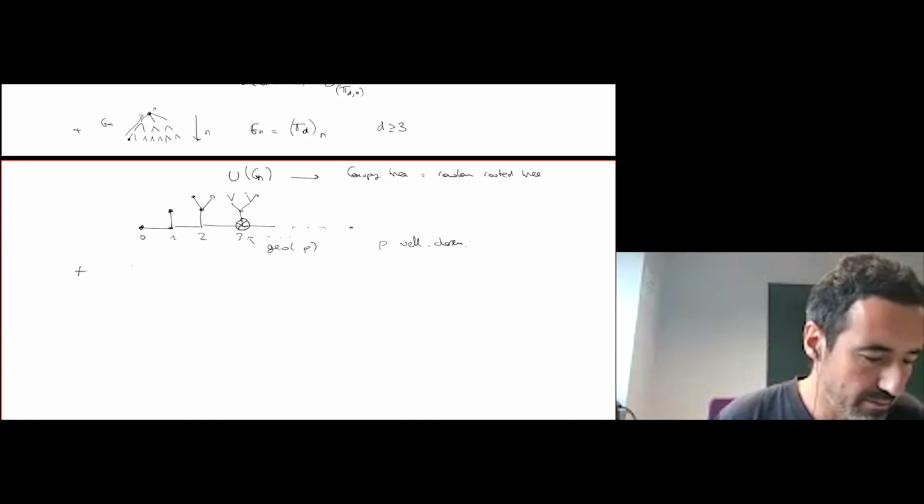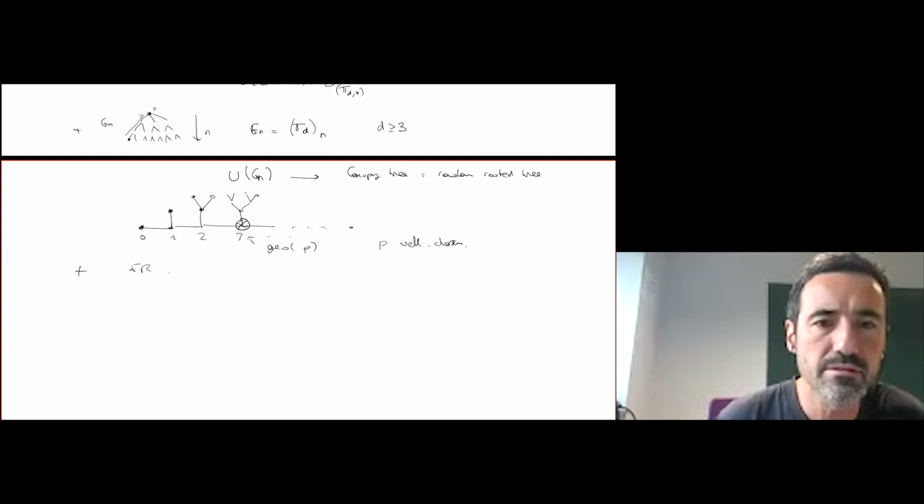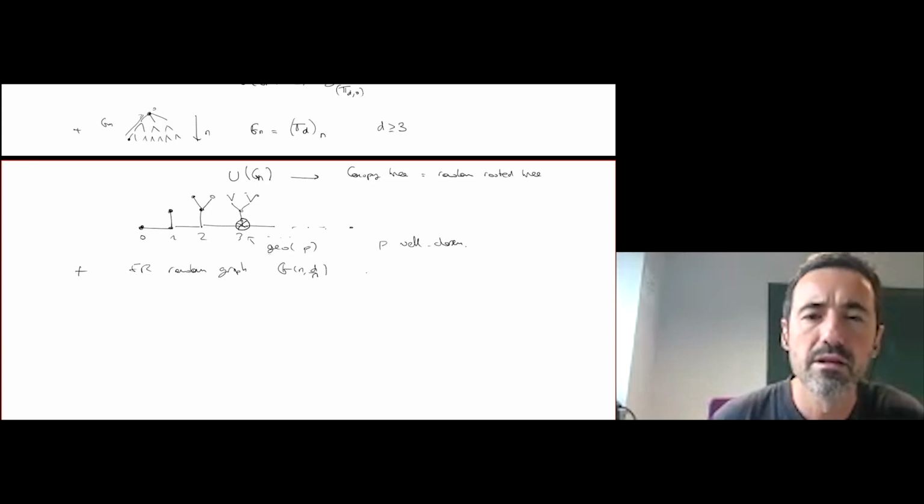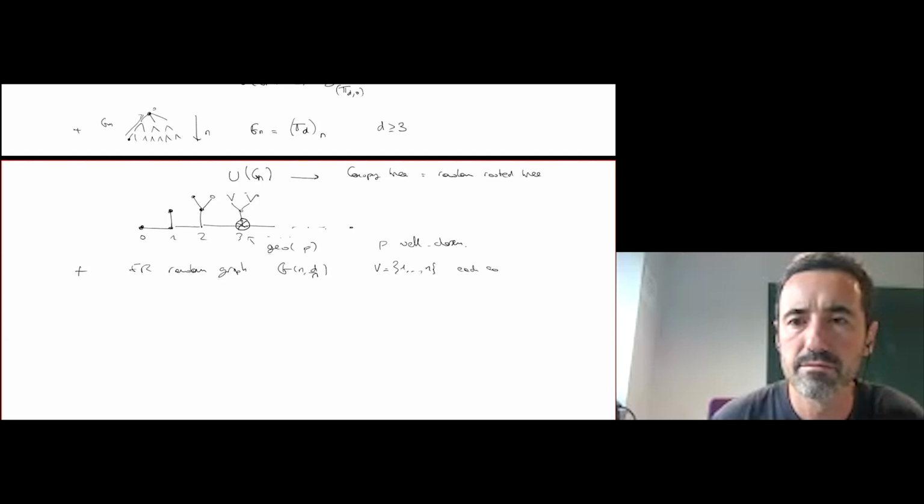Another example is the Erdős-Rényi random graph, G(n, d/n). The vertex set is the set of the first n integers, and each edge is present independently with probability d/n, minimum with 1.